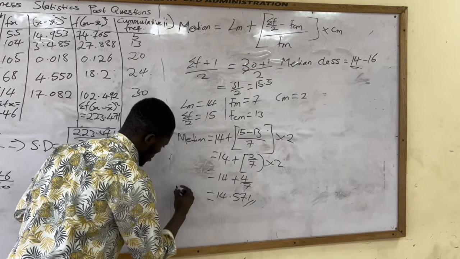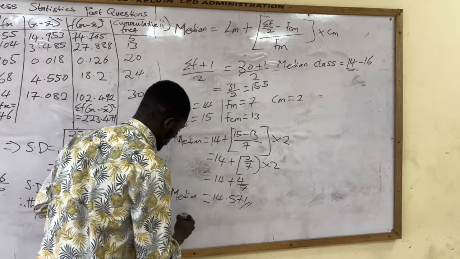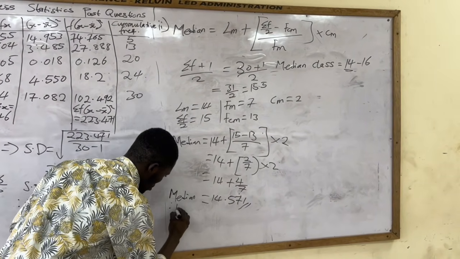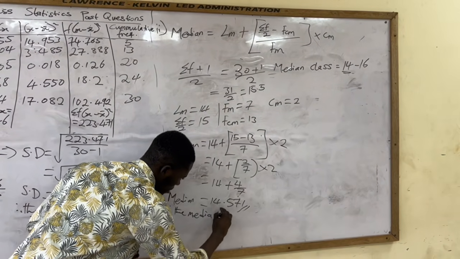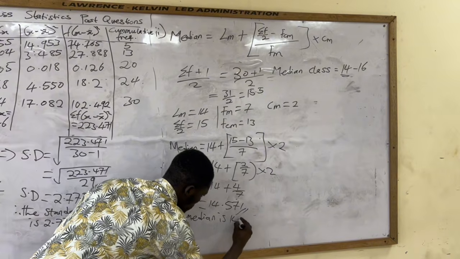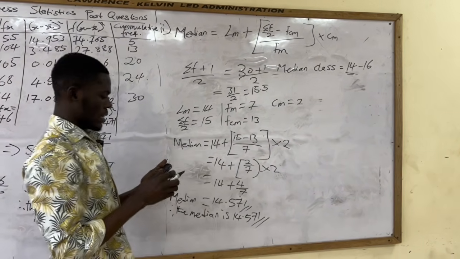That's our median. So here you just conclude that, therefore, the median is 14.571, and you are done.